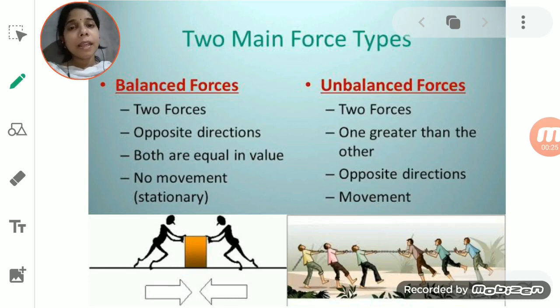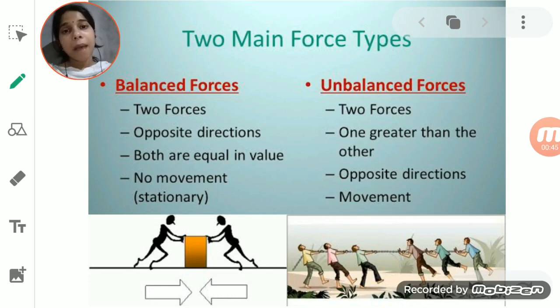So we studied with the help of different examples what is balanced force or what is unbalanced force. You have seen that in balanced force as well as in unbalanced force, two forces are acting on it, and these forces are against each other.